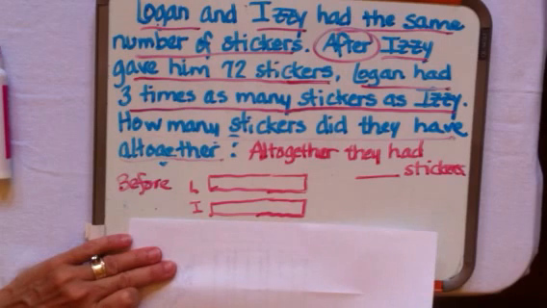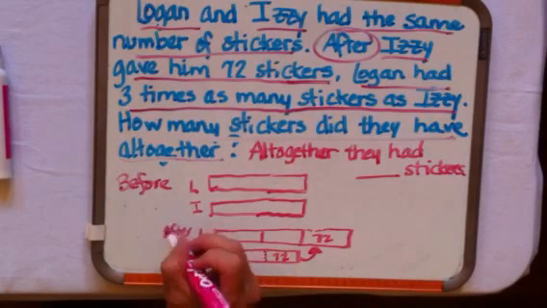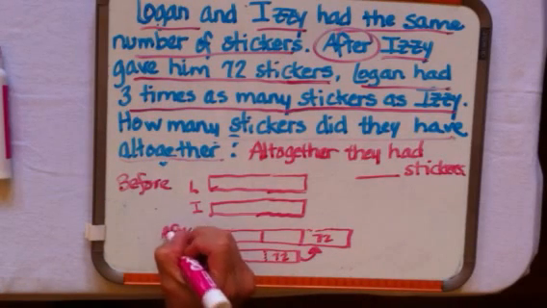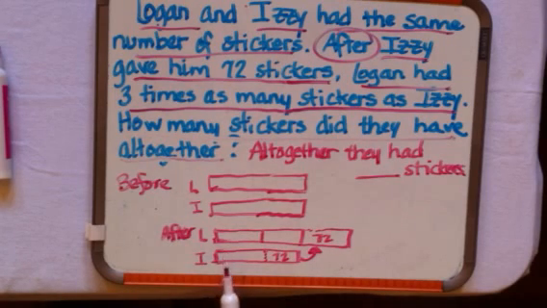So they said that Izzy gives Logan 72 stickers. And when she does this, then Logan has 3 times as many as her. So I'm showing that in this section here. This says after. So I still have just my two people, Logan and Izzy.